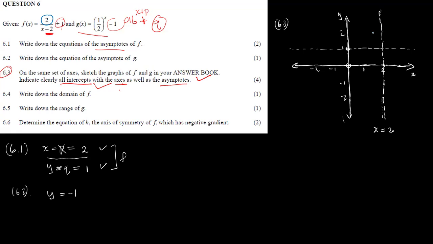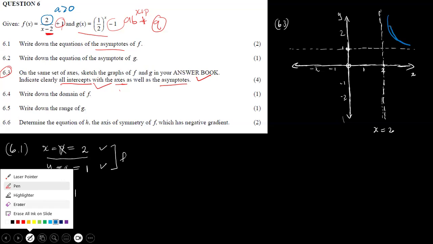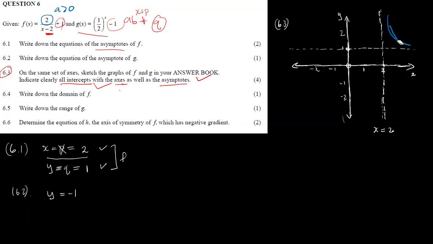We're going to draw our graph in the first quadrant and the third quadrant because the value of a, I told you, is greater than 0, it's positive. So here, we can just draw a curve like this. We are fine because there is no way this graph will touch the x or y intercept.